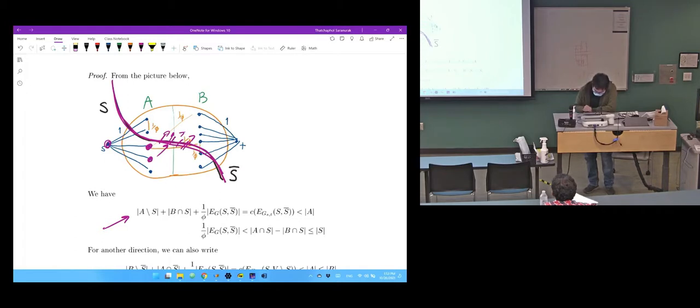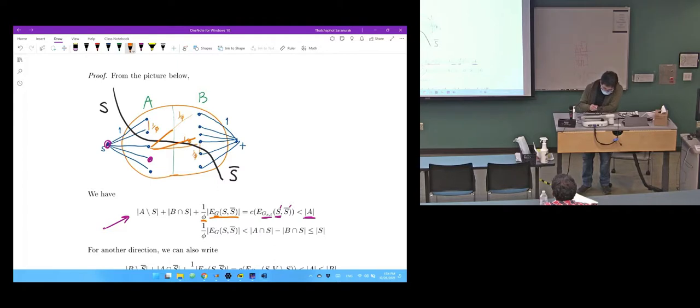We have that the cut S prime inside this graph is less than A. But what is the cut size really? What does it consist of? It consists of the original edges in the graph G, each of which has 1/5 capacity.